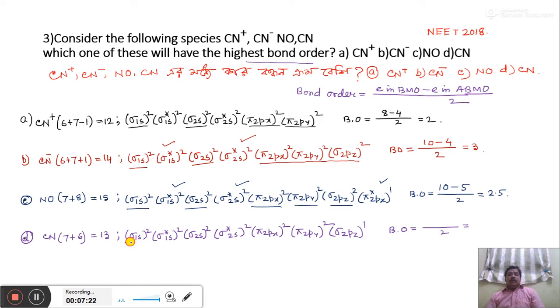So it contains 5 BMO, and these 5 BMO contain 9 electrons, and 2 ABMO contain 4 electrons, so its bond order is again 2.5. So among the above 4 species, the highest bond order, 3, is shown by CN minus, so CN minus is the correct option having the highest bond order.